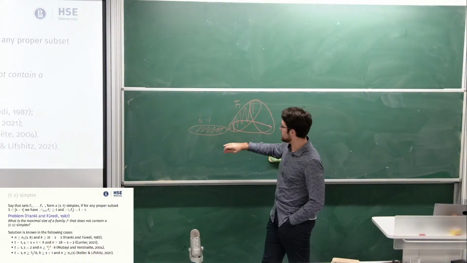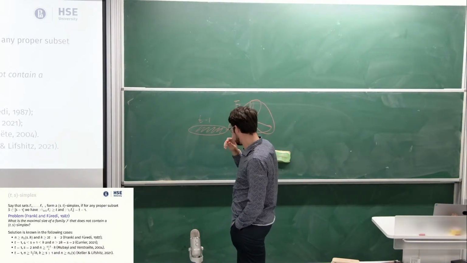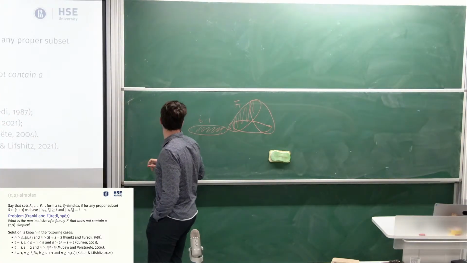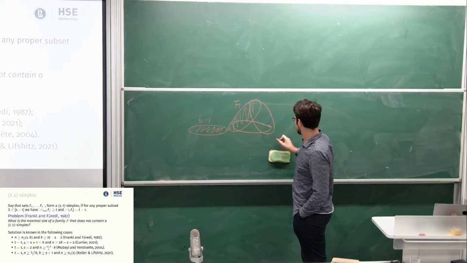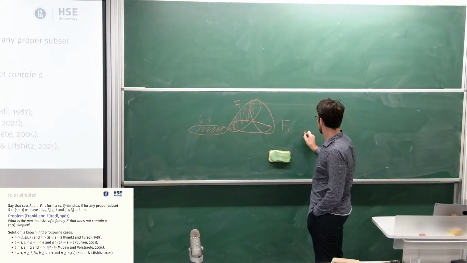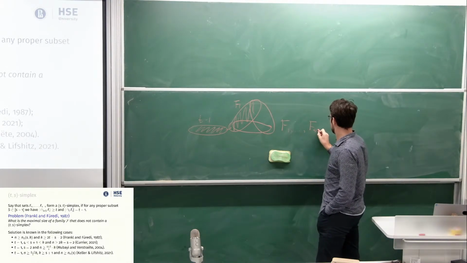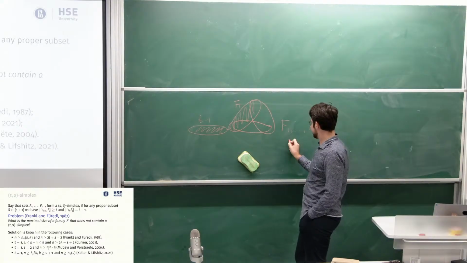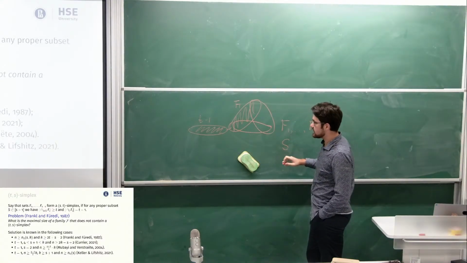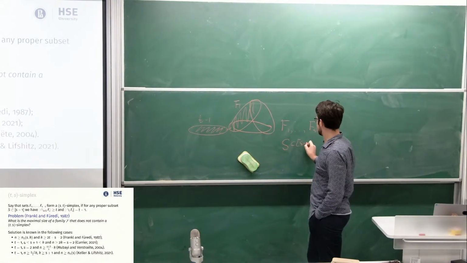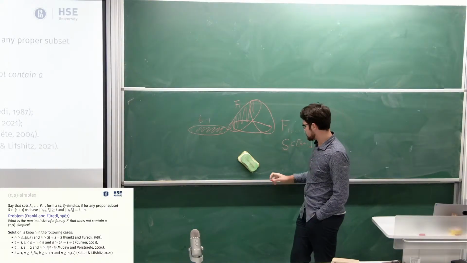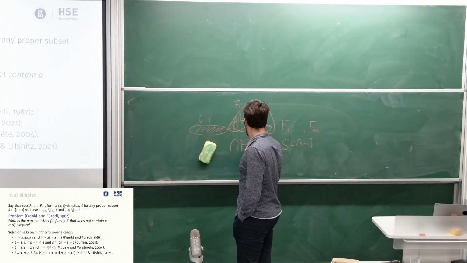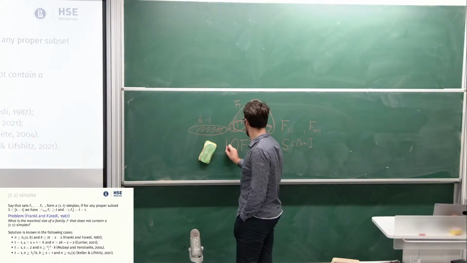When I say simplex, I mean that any intersection over a set S, a proper subset of s plus 1 sets, has size at least 1.